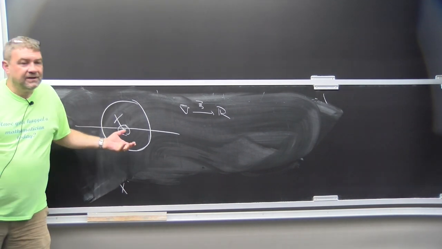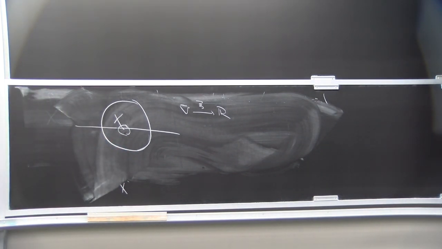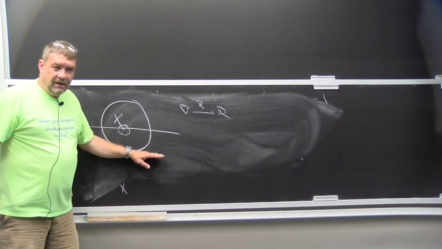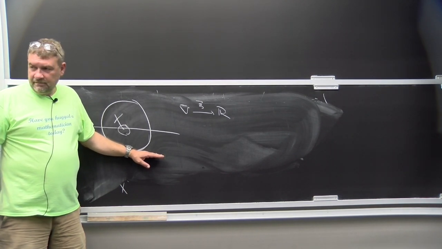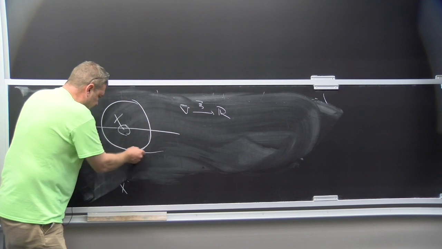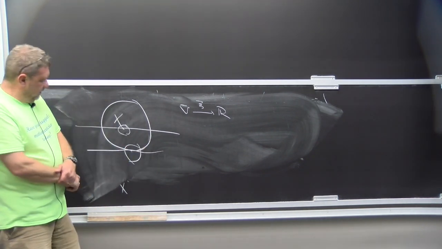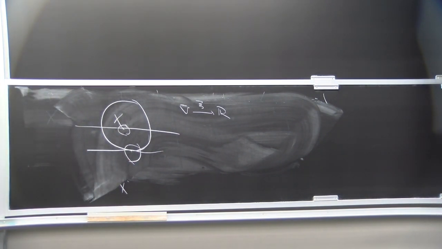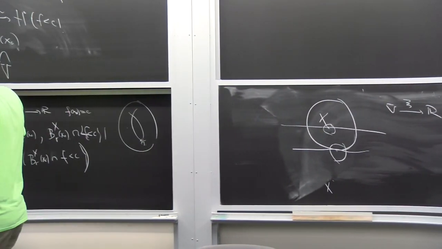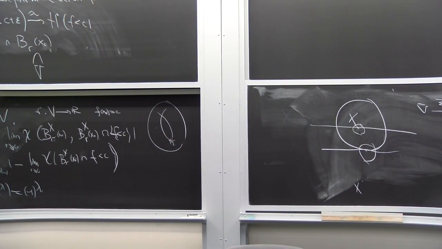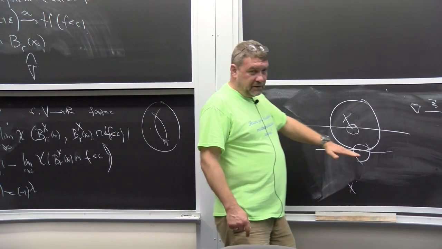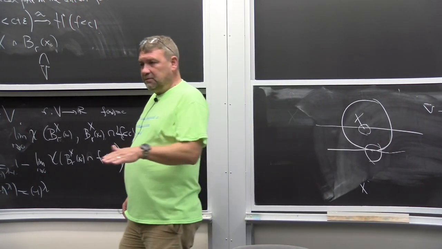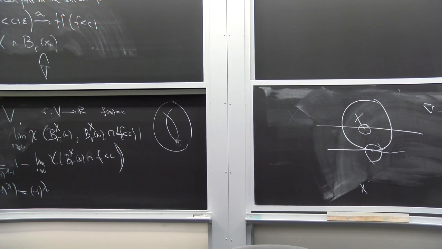Now both are contractible, so there's nothing going on. The only critical point is going to be the minimum. If you are here at the minimum, then in this definition, this is going to be the empty set, and this is not going to be 0. And this is the definition that I just erased. So the only homological critical point for a linear function on a convex set is the points of minimum. Good.